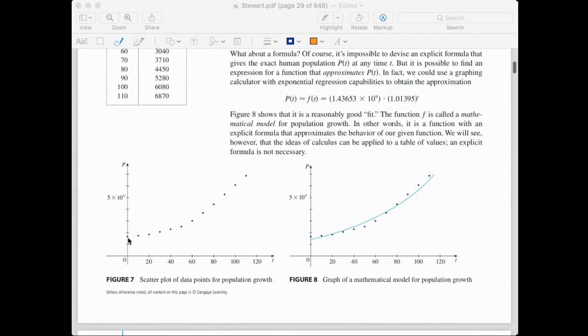Let's see this function. This function is not continuous at all. It has a function value at 0, has a function value at 10, has a function value at 20, but in between 0 and 10, there's no function value. Same thing from here to here.